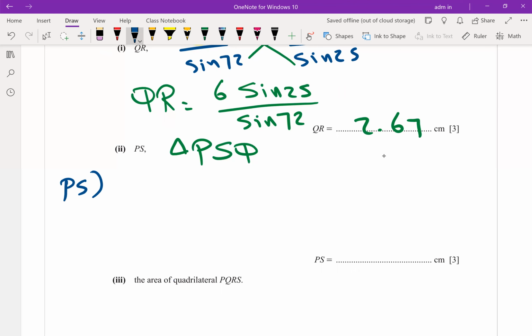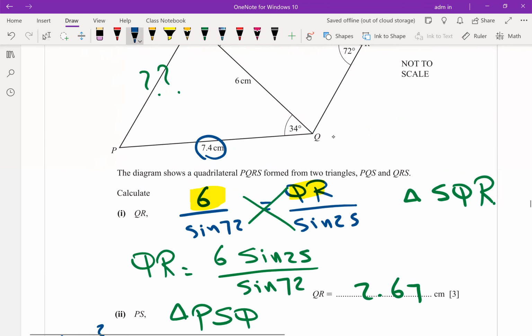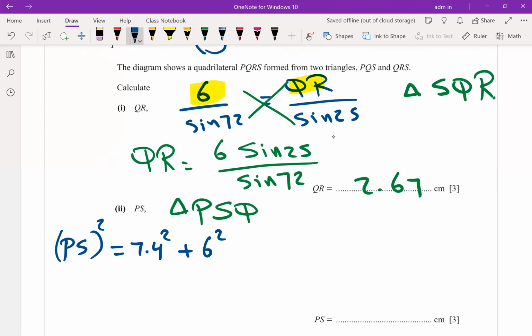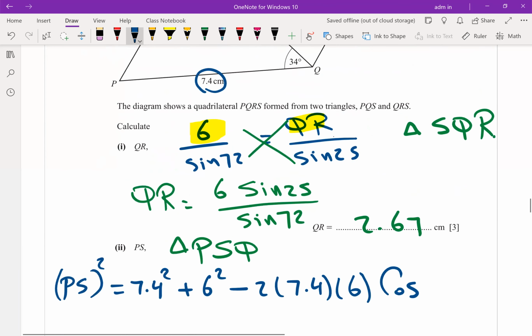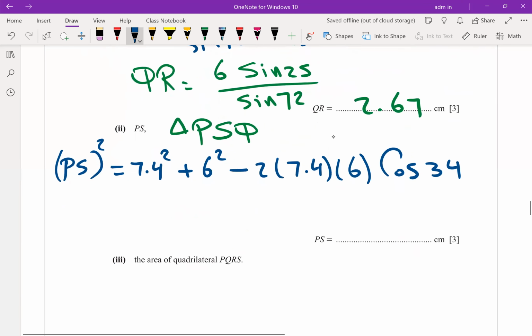Start with PS squared equals the other sides squared: 7.4 squared plus 6 squared, minus 2 times 7.4 times 6 multiplied by cosine of the included angle, cosine 34. Calculate your answer. Don't forget to take the square root. What is the final answer?